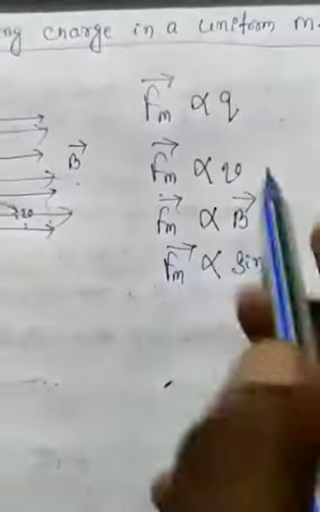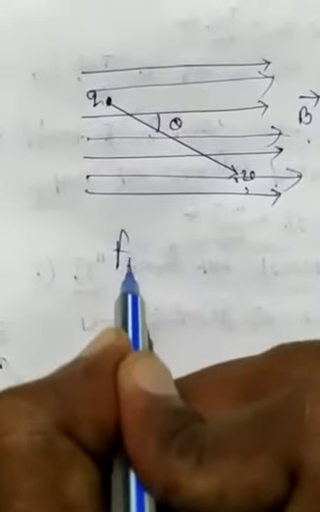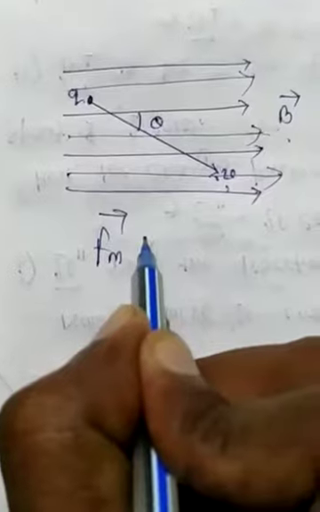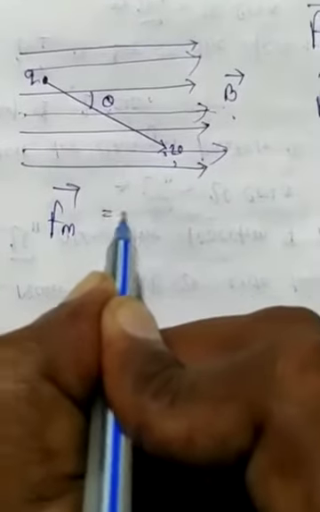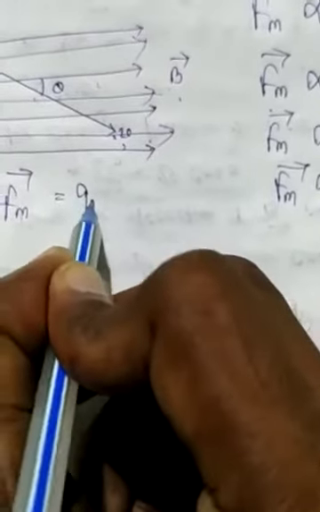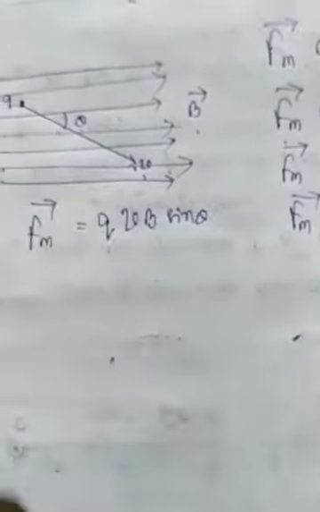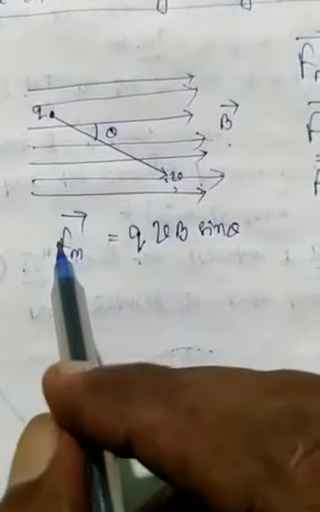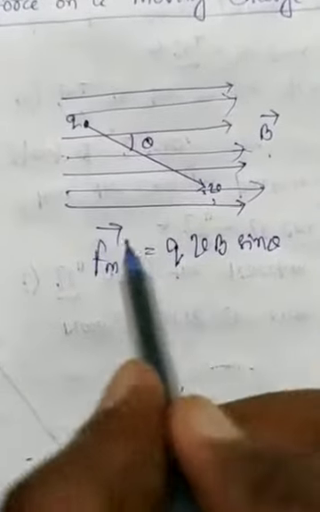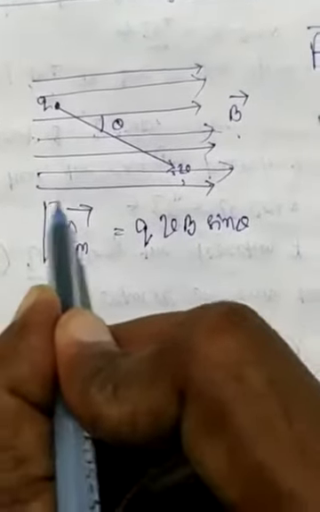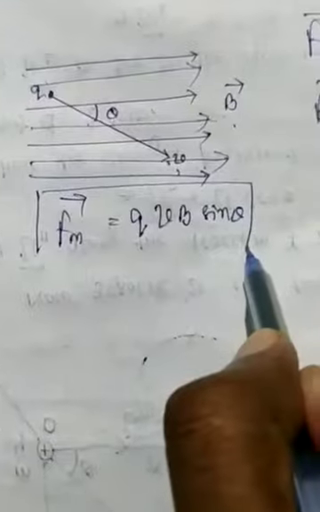Now combining all these factors, we get Fm equal to QVB sin theta. This above equation gives the magnitude of magnetic force.